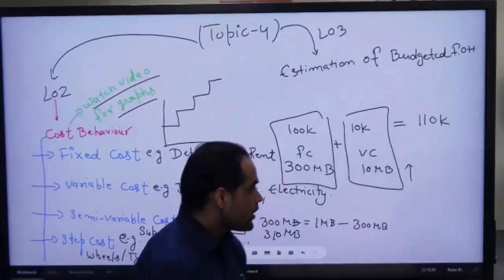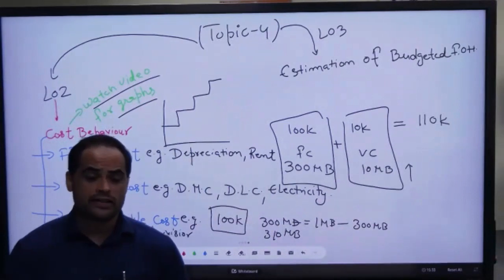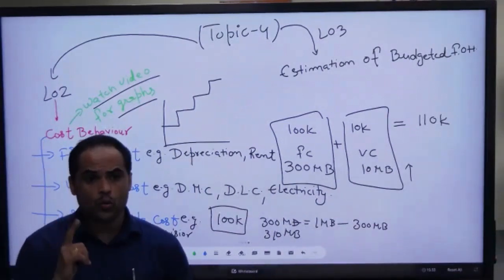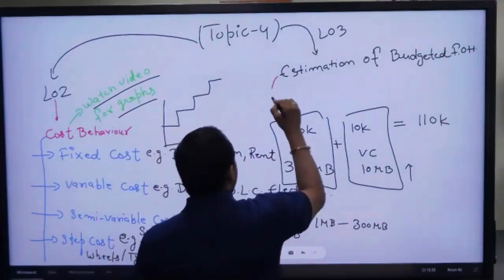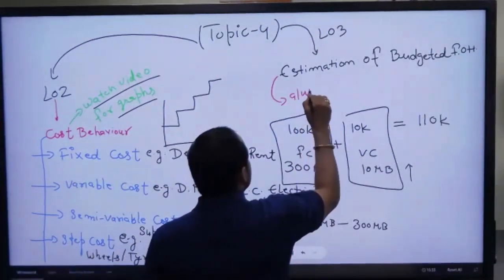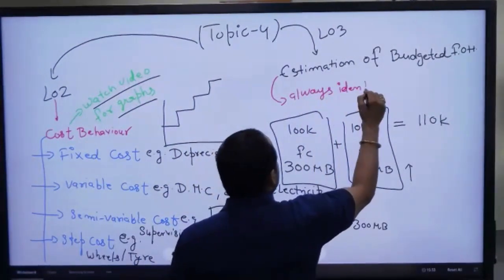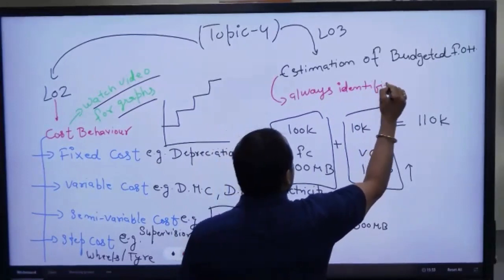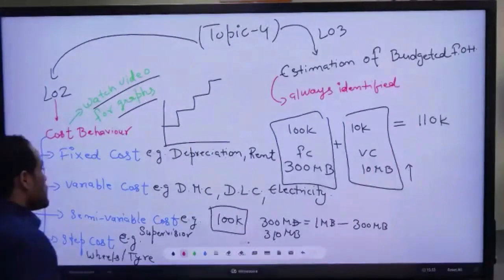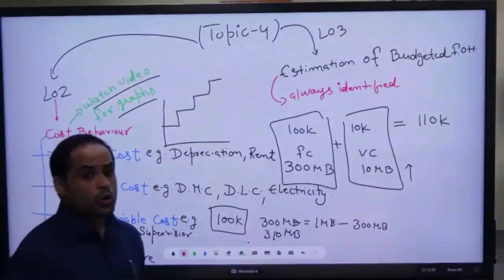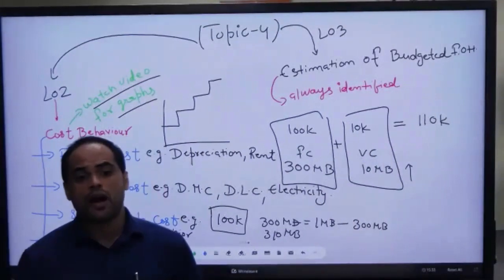And if you want to make a budgeted factory overhead, you always identify your cost: is it fixed or is it variable?